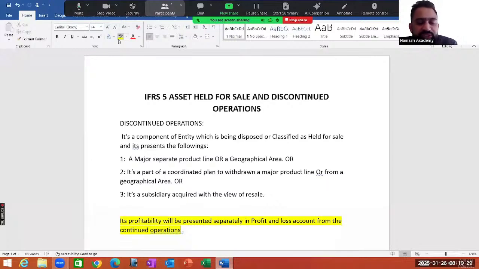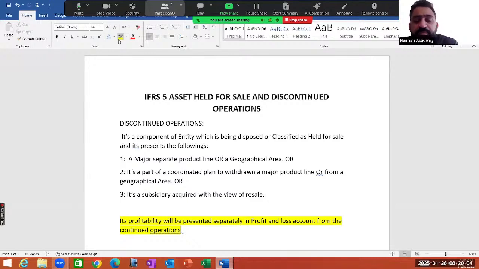Alternatively, we can present the profitability of the discontinued operation in a single line, and then make a disclosure in the notes showing the details of how that profitability has been determined.